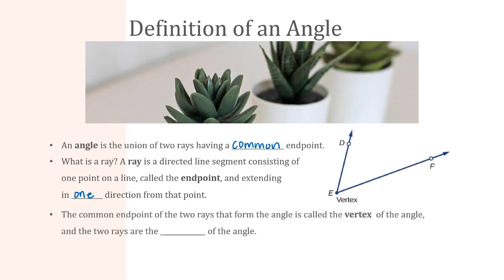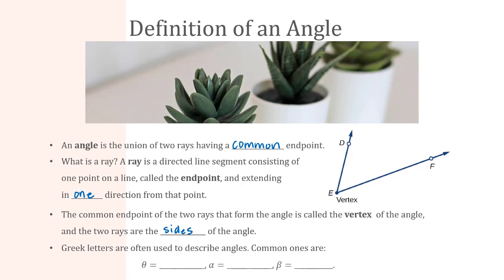The common endpoint of the two rays that form the angle is called the vertex of the angle, and the two rays are the sides. So those rays become the sides of the angles. Now in trigonometry, Greek letters are often used to describe the angles, and I bet you know some of the more common ones.